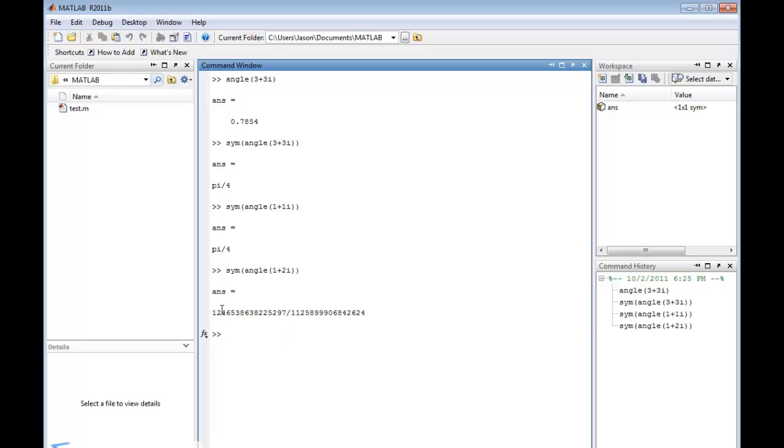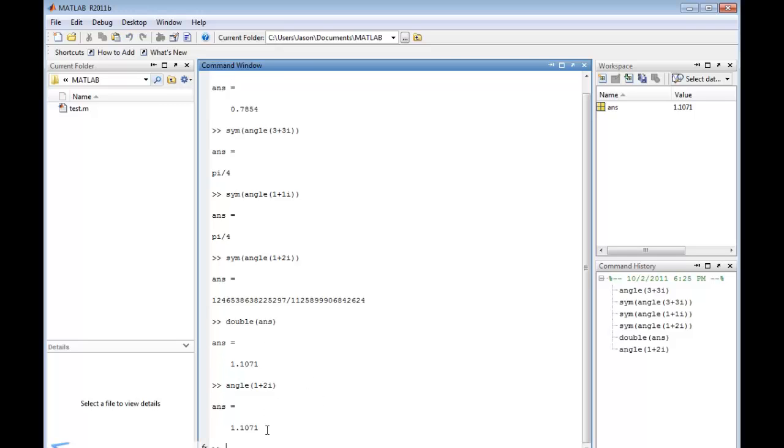If you take this giant number and divide it by this giant number, you get the answer, which is the angle here in radians. If you want to convert this, just type double of the answer, and it will convert this to a number, which is exactly what you get if you remove the sym operator. And if you just ask MATLAB, what is the angle of the complex number here, it's going to return 1.1071.